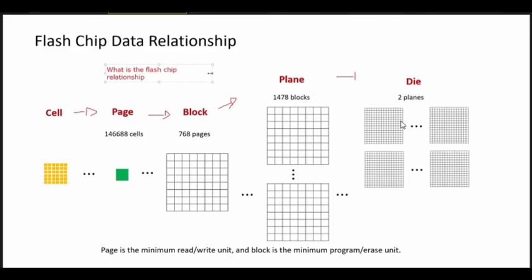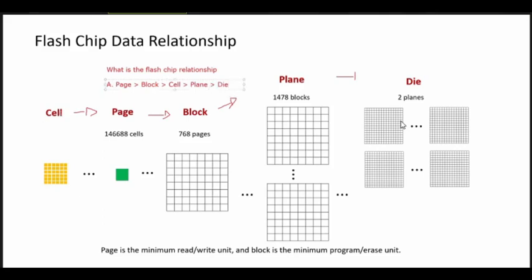They'll just come out with a question like this, and then they will come out with A, B, C, D. A, page to block to cell to plane to die, right? So you need to know exactly how it works.